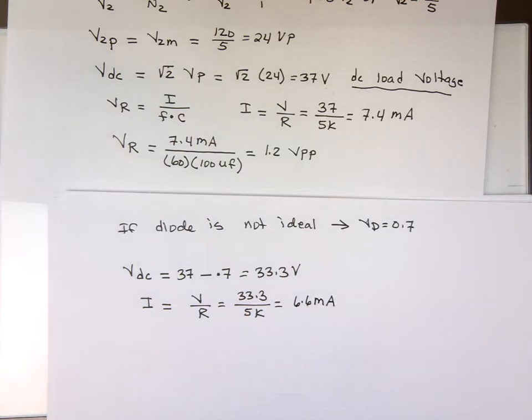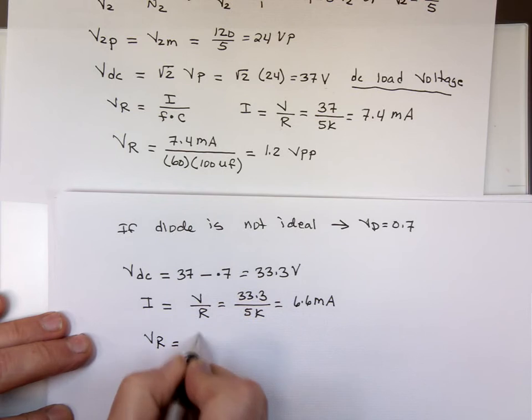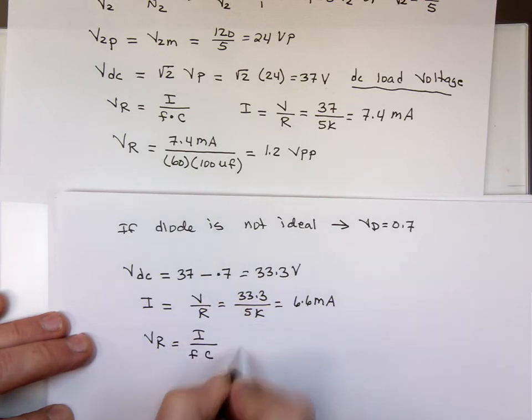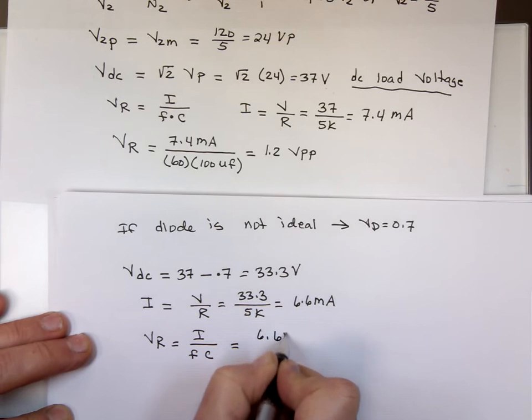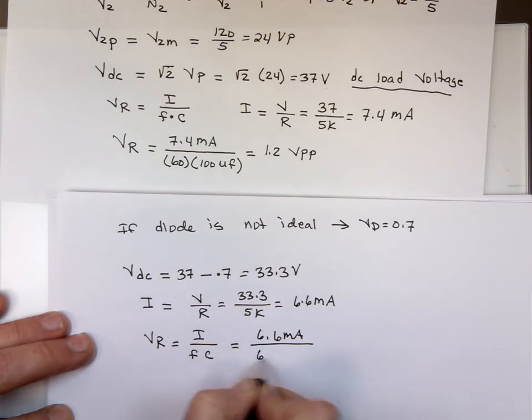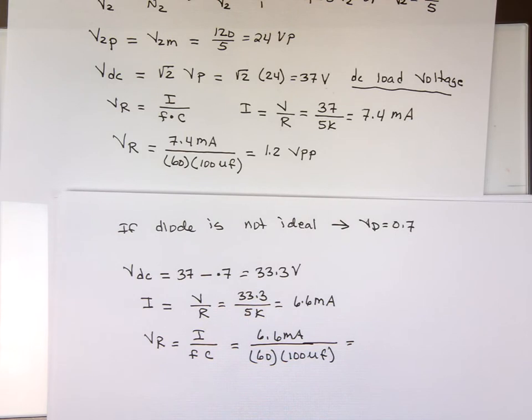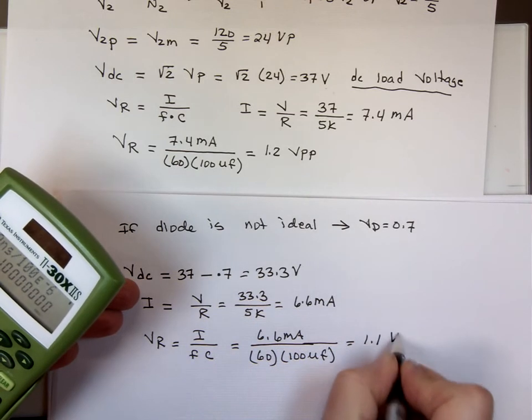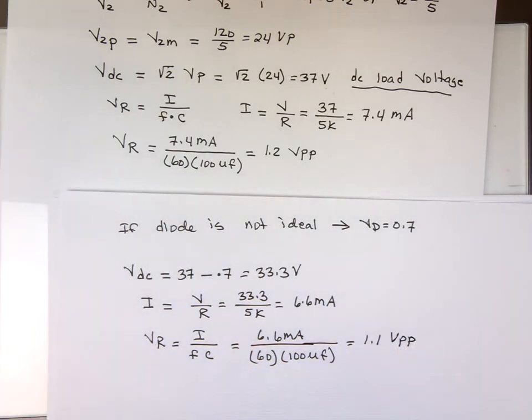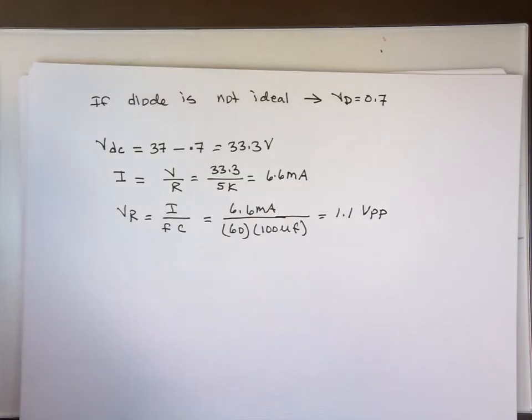So the ripple voltage here will be I over FC, 6.6 milliamp over 60 times 100 microfarad. Divided by 60, divided by 100, e to the negative 6. And the ripple voltage becomes 1.1 volts peak to peak. So now instead of being 1.2, it shrunk to 1.1 volts peak to peak.